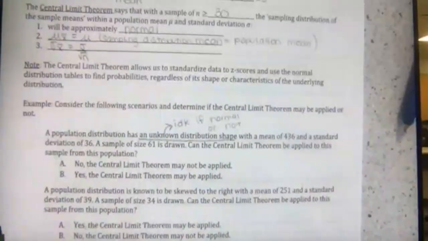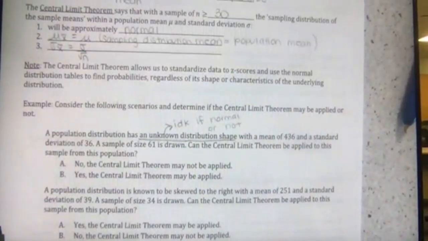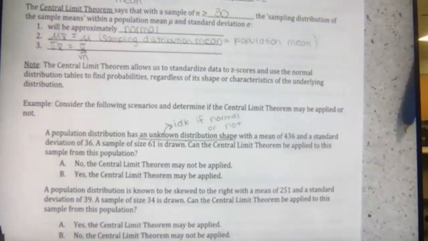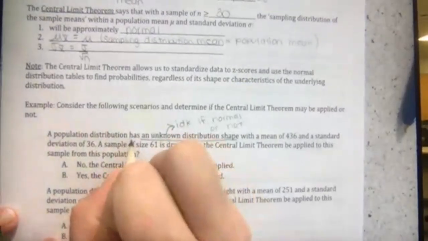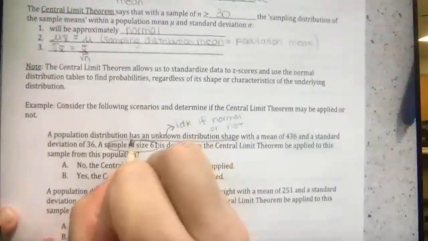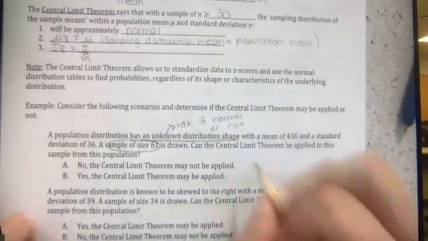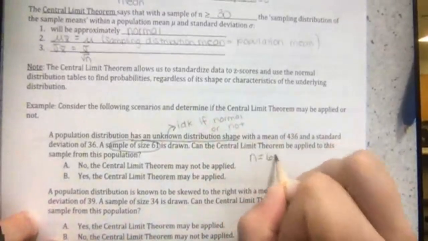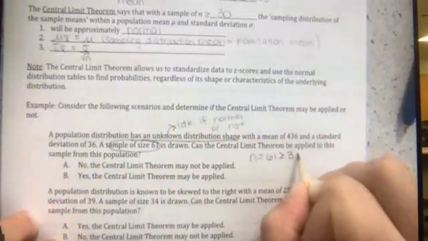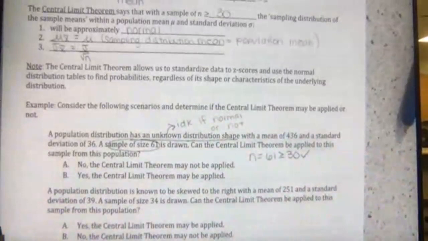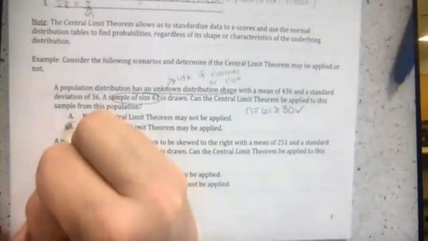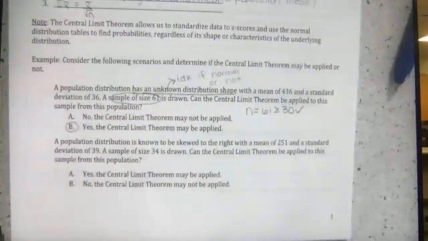The mean is 436 and the standard deviation is 36. Our sample size of 61 is drawn, that's the big thing here. Can the central limit theorem be applied? Yes, because our n value, our sample size, is 61, which is greater than or equal to 30. So we're good to go. So B, yes, the central limit theorem can be applied.